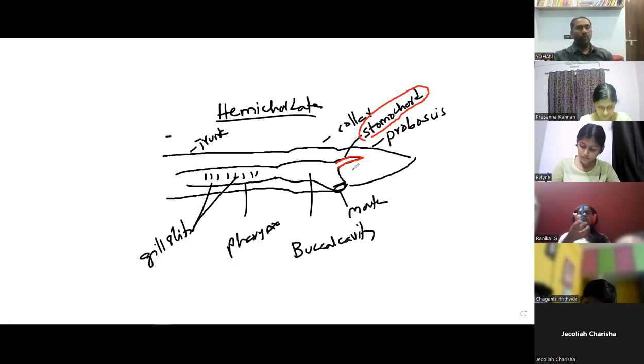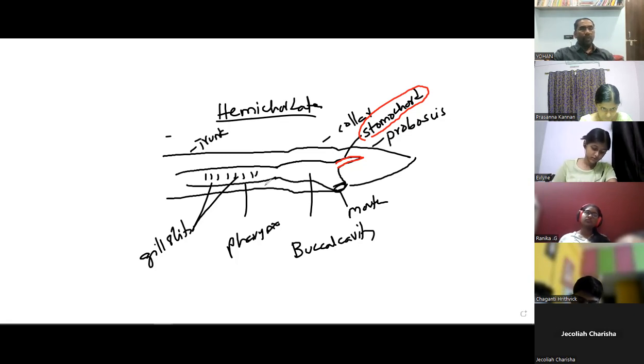Right, coming to the features. It is a small worm-like structure found in completely marine animals. What are the body divisions? Proboscis, collar, and trunk. Coming to circulation, circulation is open type.